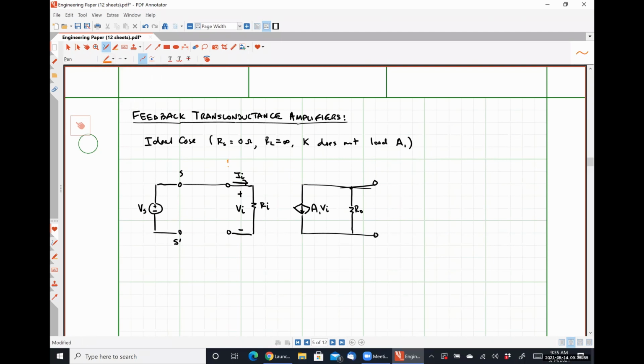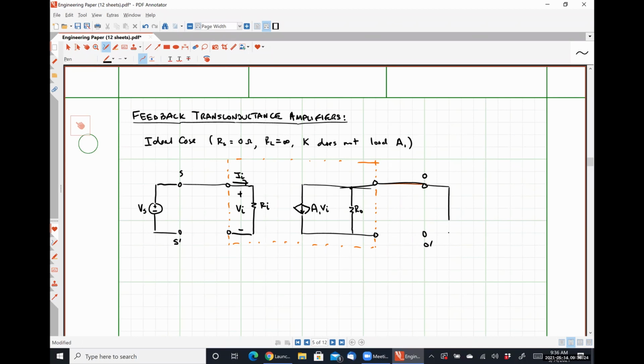I'm just going to go ahead and draw a box around our open loop amplifier circuit. Here's the output of our system.